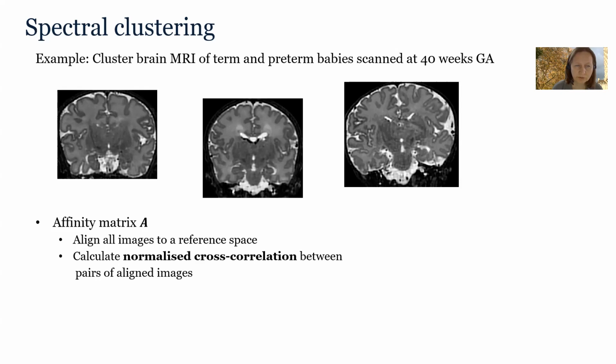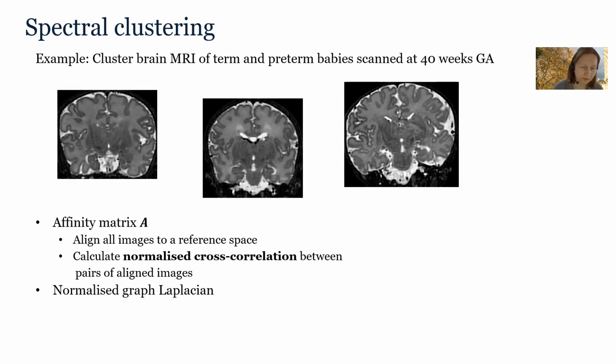And because we have images with the same contrast, it will always be positive, but it will never be larger than 1, because if we do cross-correlation of an image with itself, we will get 1. So we see from that we will have a fully connected graph.